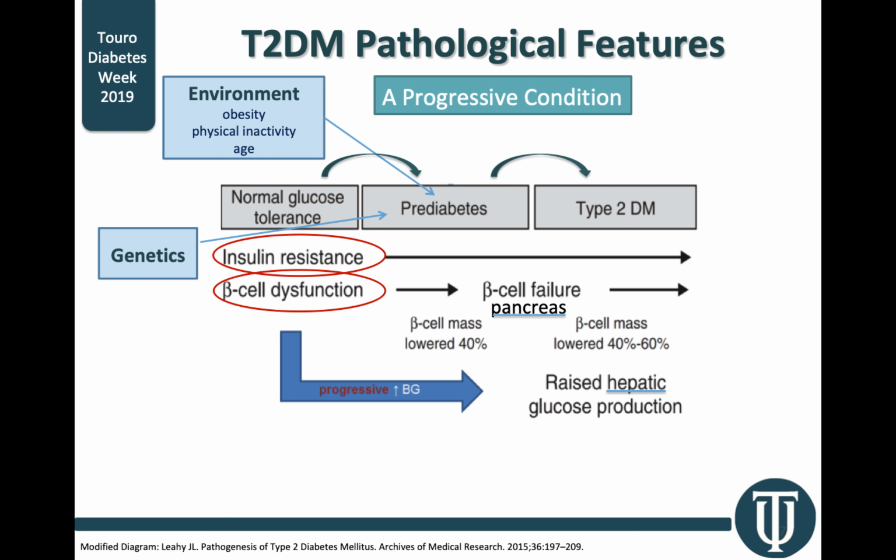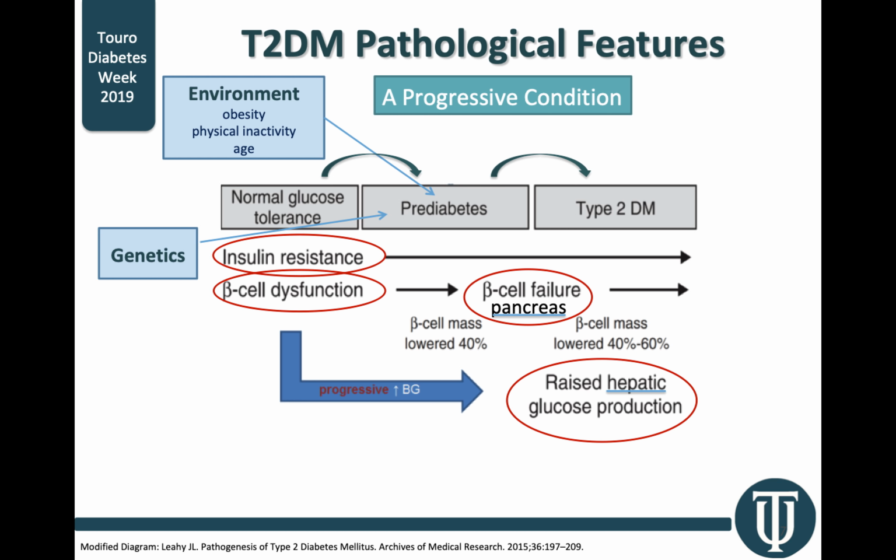There are a few factors that we look at. Insulin resistance, that means our body is not responding to our own insulin. Or maybe there's something wrong with the pancreas. And to be even more specific, beta cells stop producing insulin. And at some point, if many of the beta cells fail to produce insulin, then we will get to type 2 diabetes.